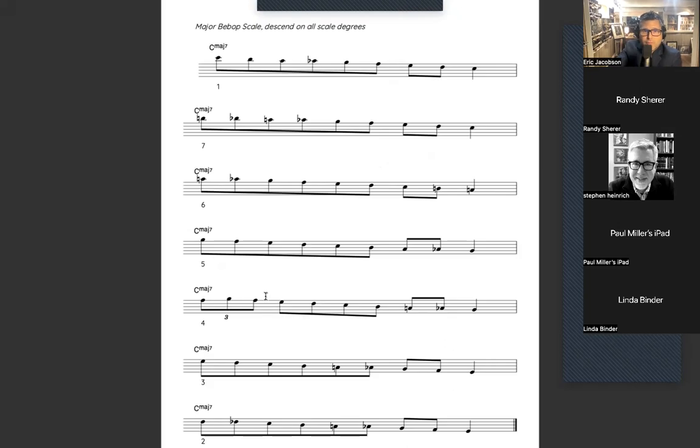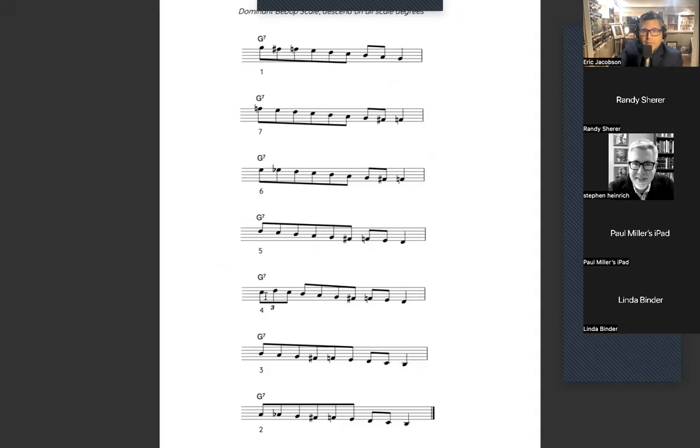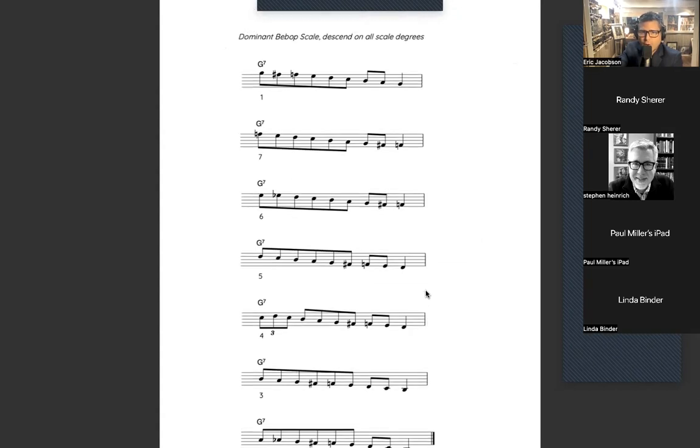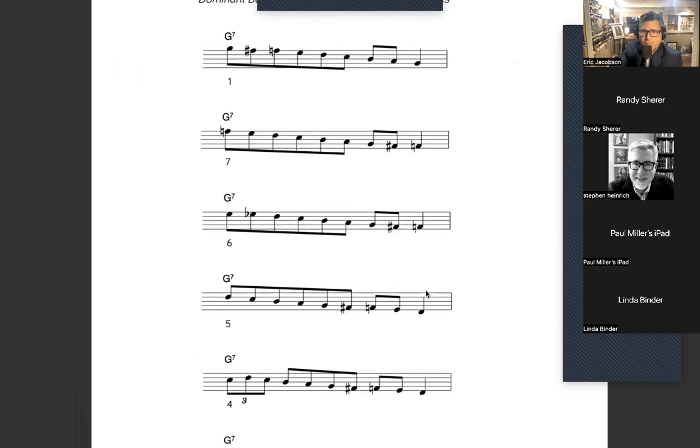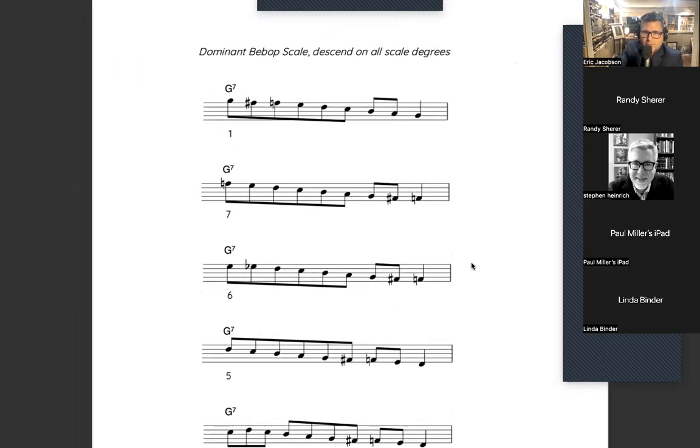So what we're going to do is start off with our dominant scale, and I'm going to teach you how to make sure you understand how to play the scale descending on all the scale degrees. On your page right now, you should see, and I'm going to enlarge it a little bit, dominant bebop scale, descend on all scale degrees. If you don't see that, please let me know.